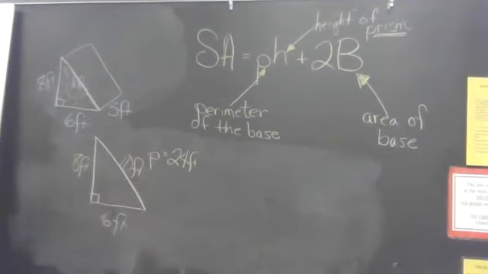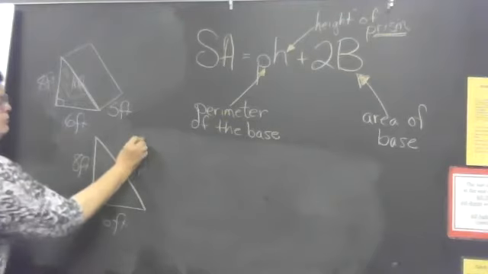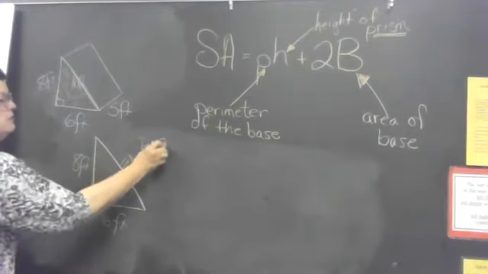Yes, perimeter is just the distance around. So you add. Perimeter is just add. Let's go back to purple. We're going to get all mixed up. So the perimeter of the base is 24 feet.